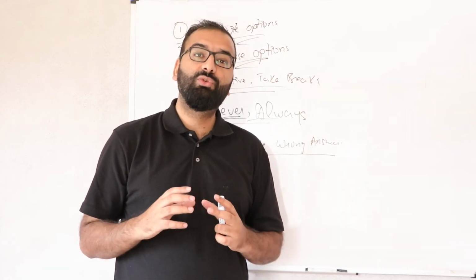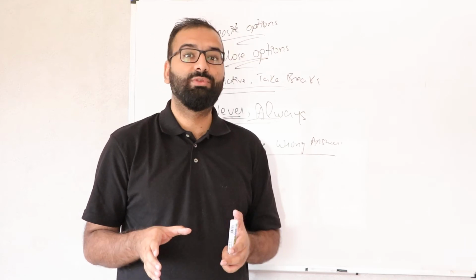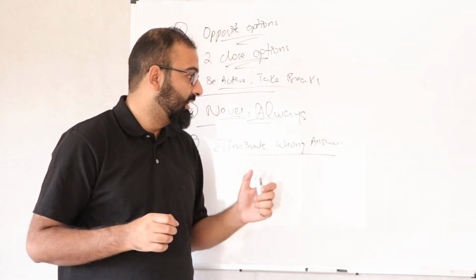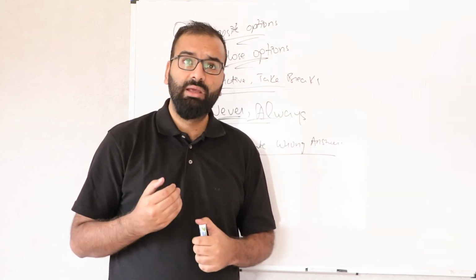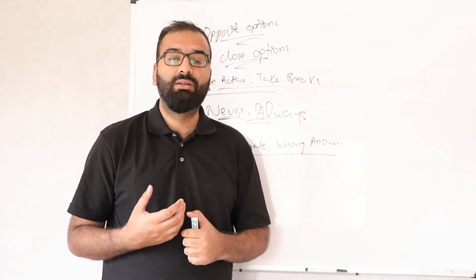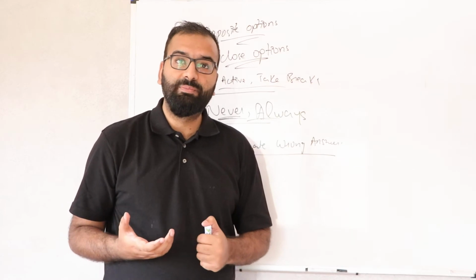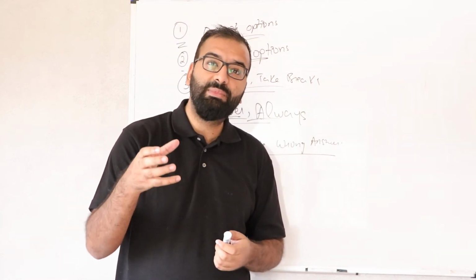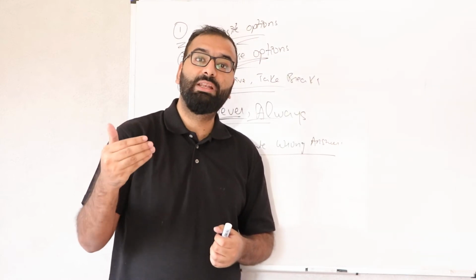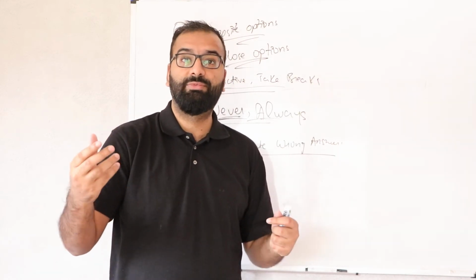So if you have no idea of the correct answer, now you will have a 20% probability of being right. But if you are able to eliminate 3 options, then your probability of being right goes up to 50%.